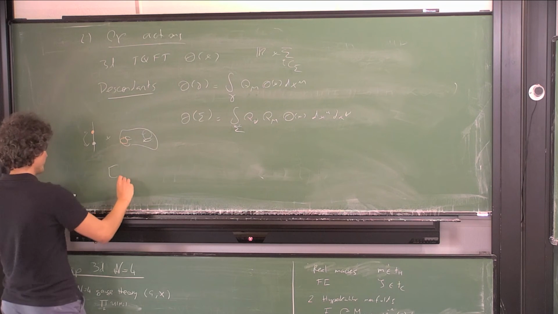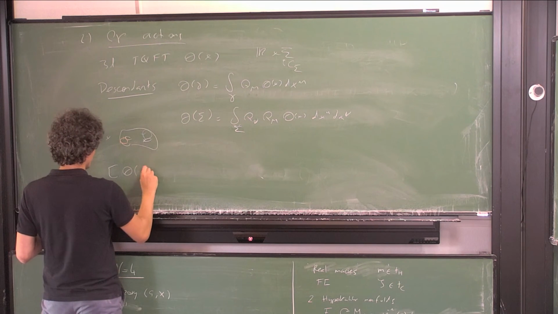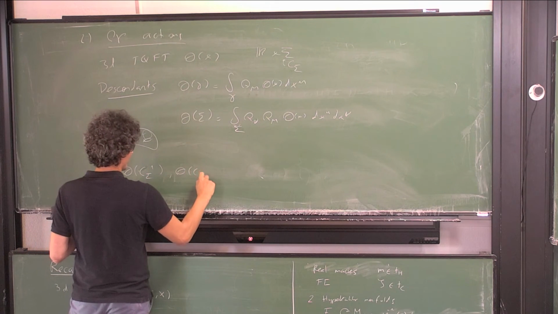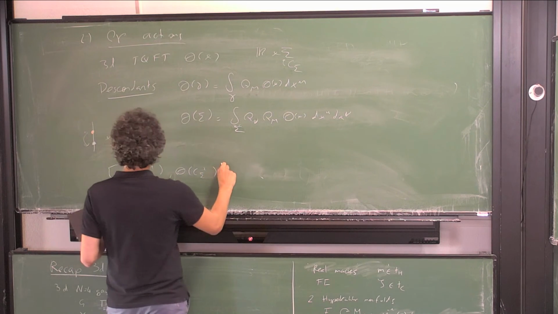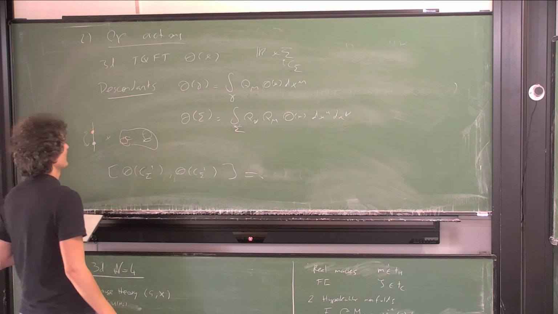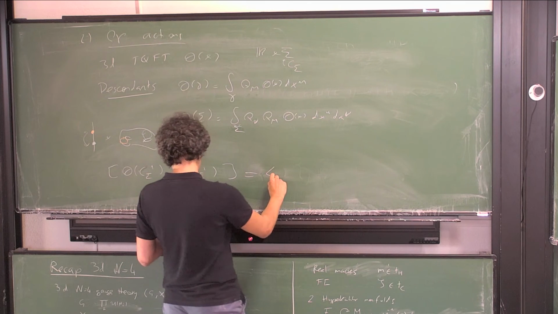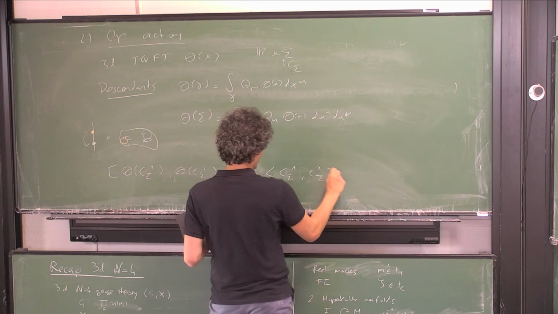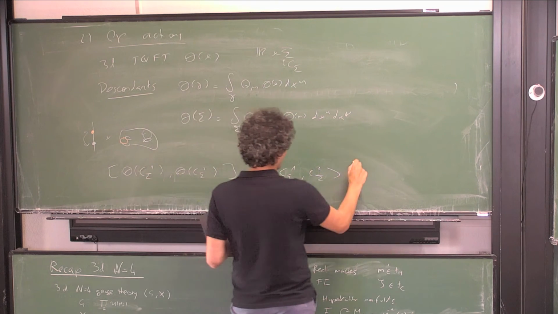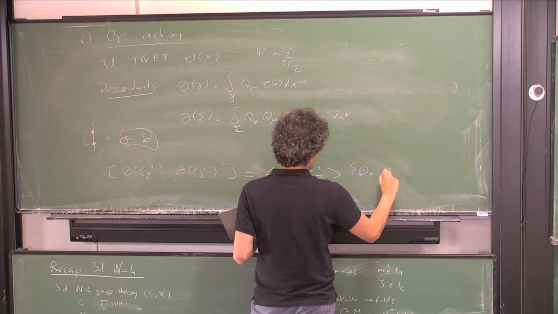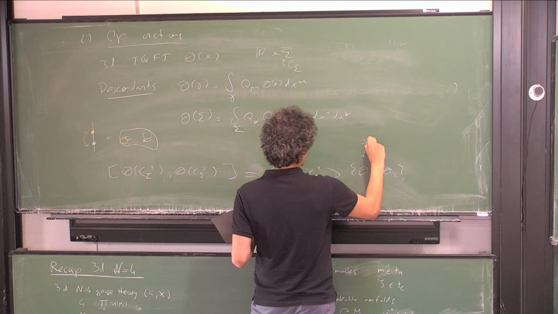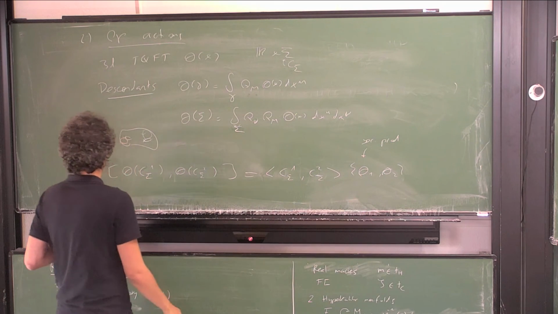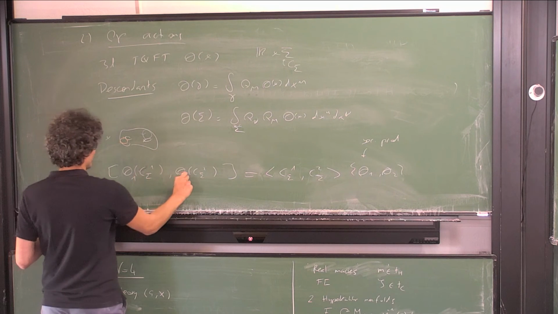And this commutator for these 2 operators, I claim that you can rewrite it basically in terms of the intersection pairing on the curve and the secondary product of the 2 local operators that you started with. Sorry, O1, O2.